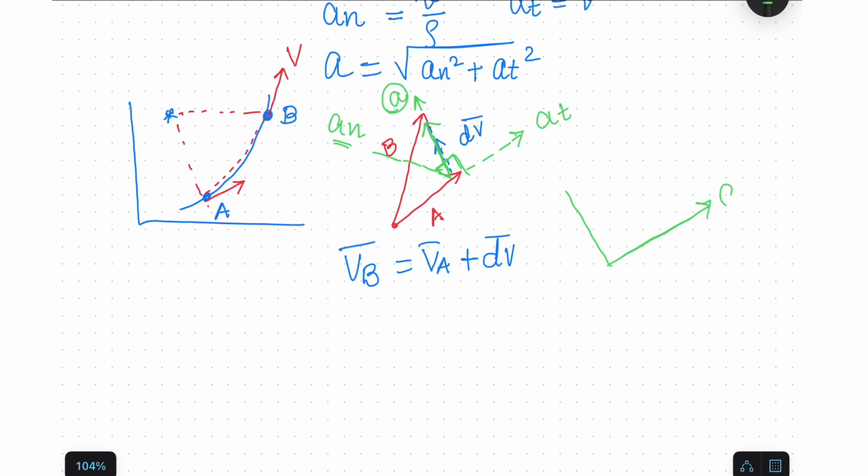This is at and this is an, and our a is here. So you will see that the acceleration at is in the direction of the velocity, and the total acceleration a is in the direction of dv. This is the important concept here.